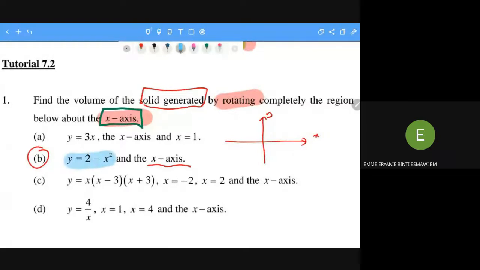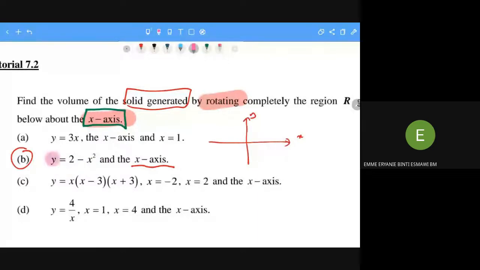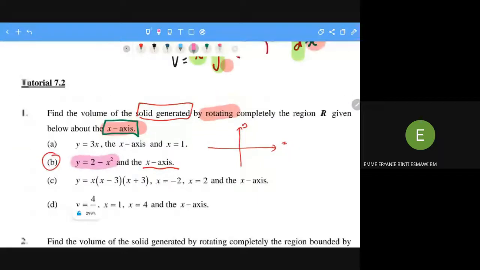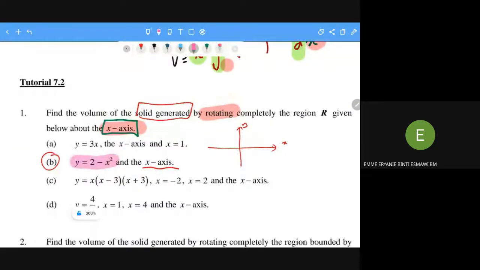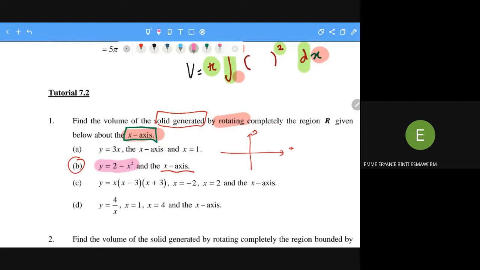This function, right? And then region R. Okay, region R tu adalah yang bounded by the curve yang color pink ini dan juga x-axis. Okay, maksudnya dia bounded by this x-axis, this is x-axis dengan whatever the curve is.